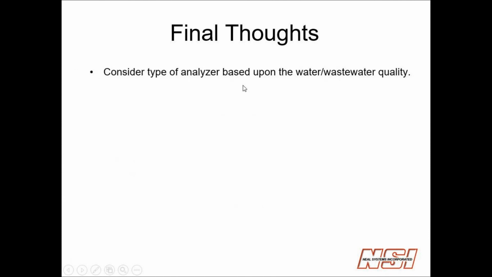So just a few final thoughts here. You need to consider the cost, obviously. Consider the type of analyzer based upon your wastewater quality or your water quality. Very important: sampling point, how you plan to get the sample to the analyzer. Think about that. You might have to pump it. You might have to put in a line from another part of the plant.